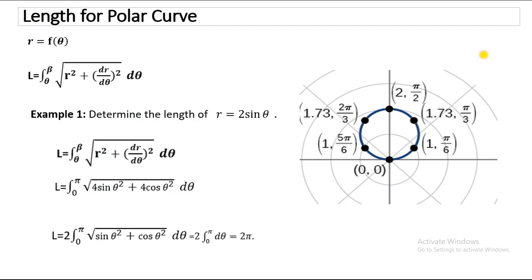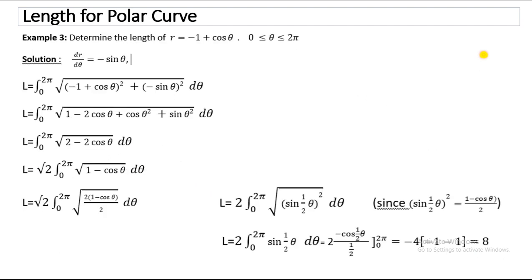Square to power half, I will have sine half theta.